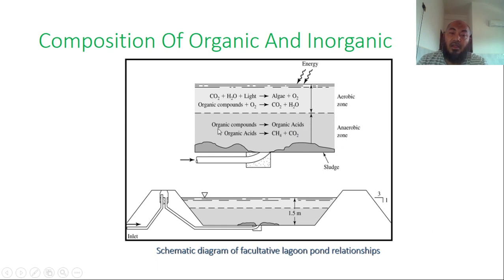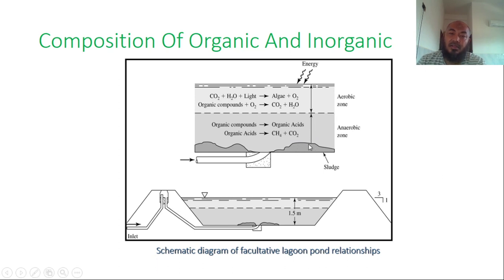So organic compound will turn into organic acid because of bacteria, and this organic acid, you remember the fermented condition, so you will have like a juicy, right? So juicy is the acid actually. So this organic acid will turn into CH4 plus CO2 gas plus inorganic. This should be inorganic, so it becomes solid particle here.